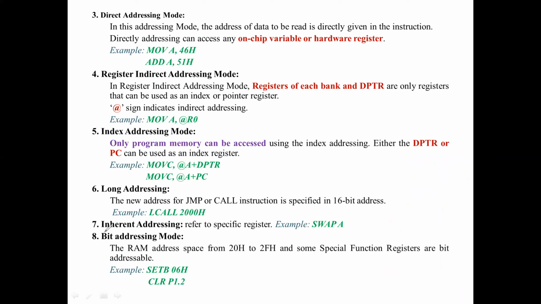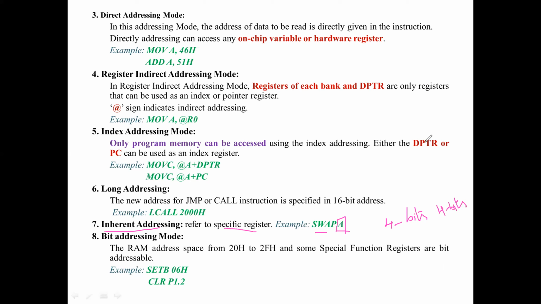So then we have inherent addressing, which refers to a specific register. SWAP A, that is, A is an 8-bit register. The 8 bits, that is 4 bits and 4 bits, will be swapped.